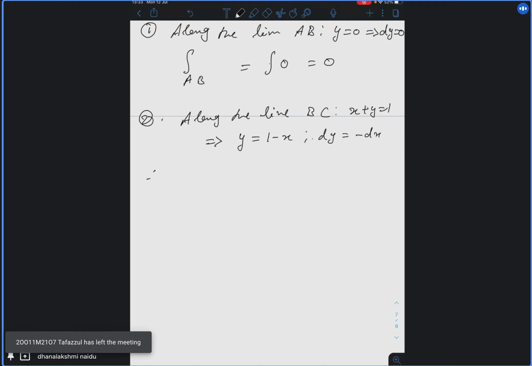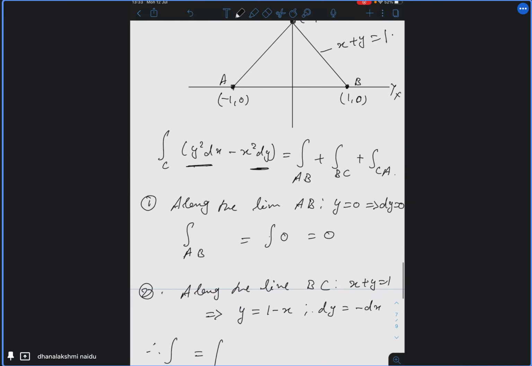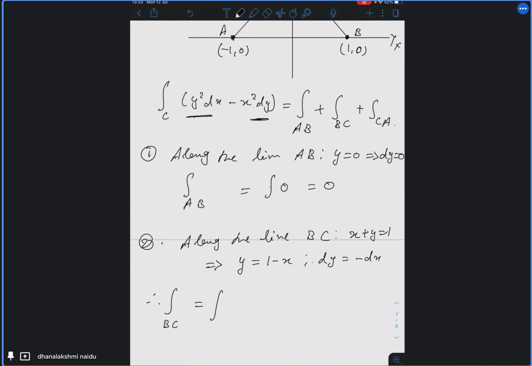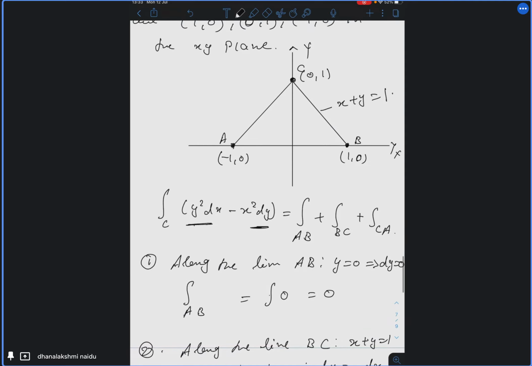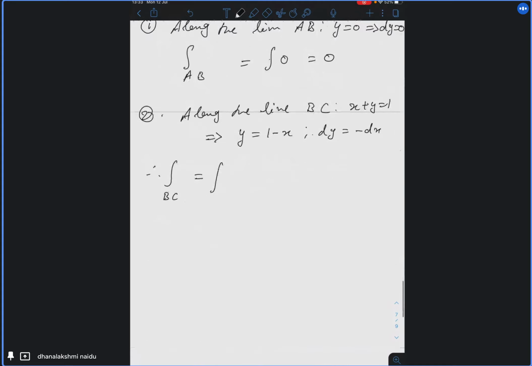So now this integral along BC will be equal to the integral with limits. Now the limits, x is equal to where to where? 1 to 0. Is it or not? Yes, ma'am. So x limits are from 1 to 0.